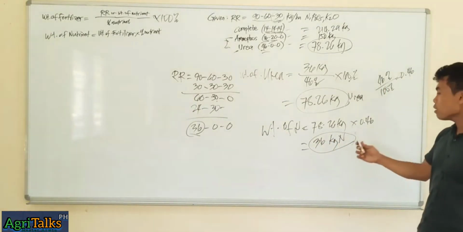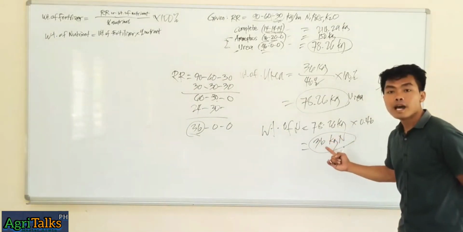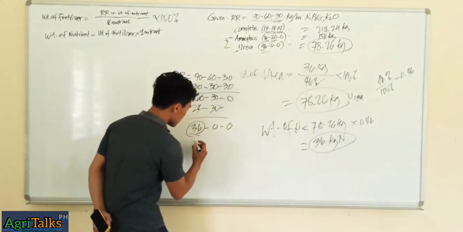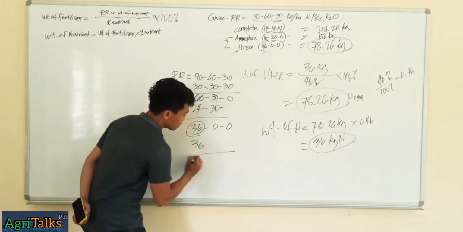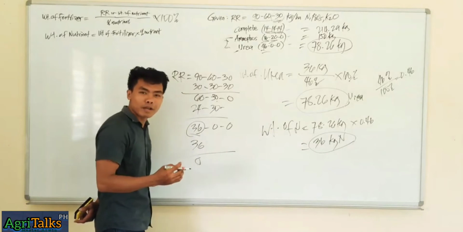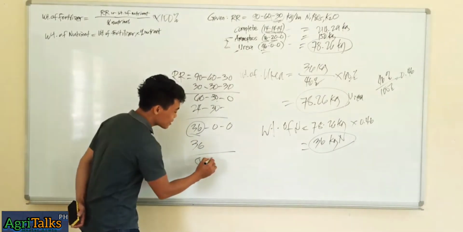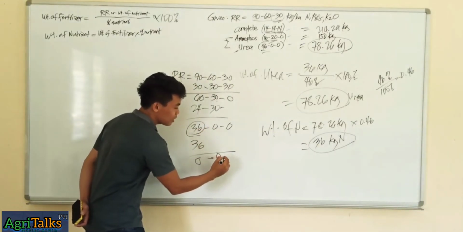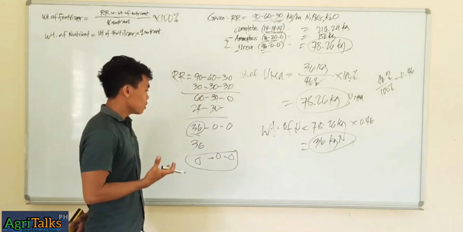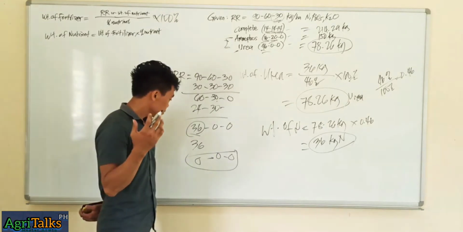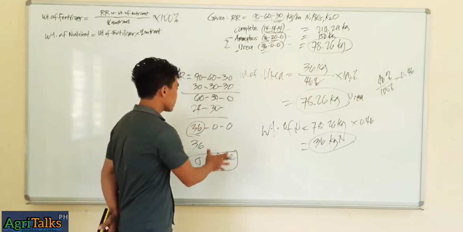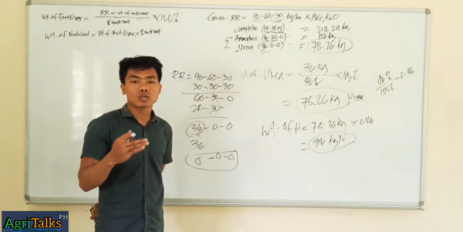So now we will deduct this from the recommended rate. So 36 minus 36 would be 0. Am I right? 0. And then copy 0, and then copy 0. So now, we have satisfied all the needs of the required nutrients of the soil.